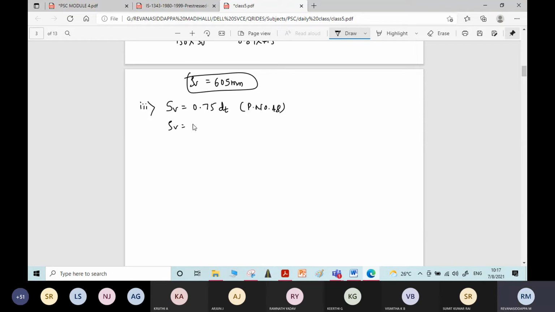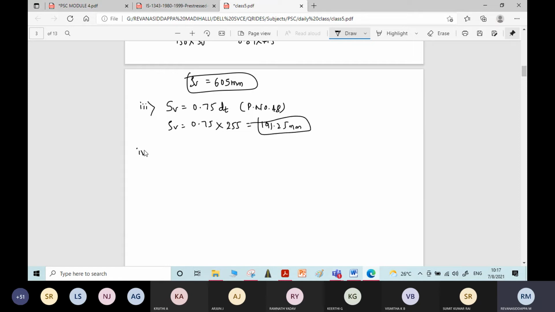SV is equal to 0.75, effective depth is 255. Answer? 191.25. 191.25 mm.